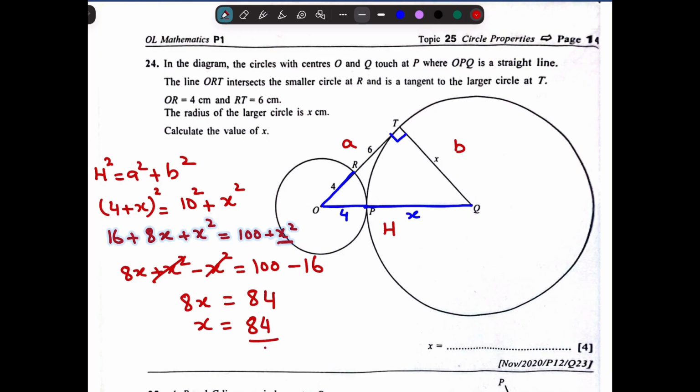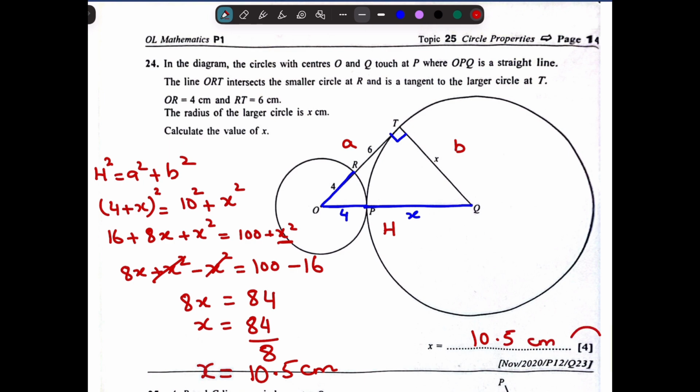Divided by 8, which gives out x to be 10.5 centimeters.